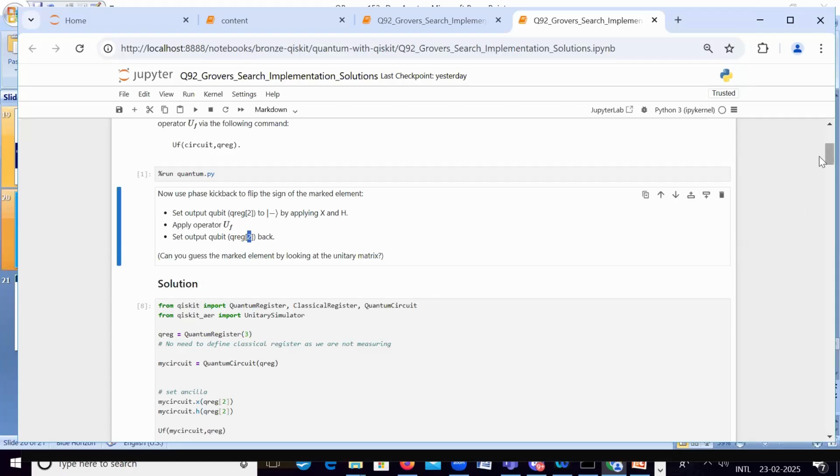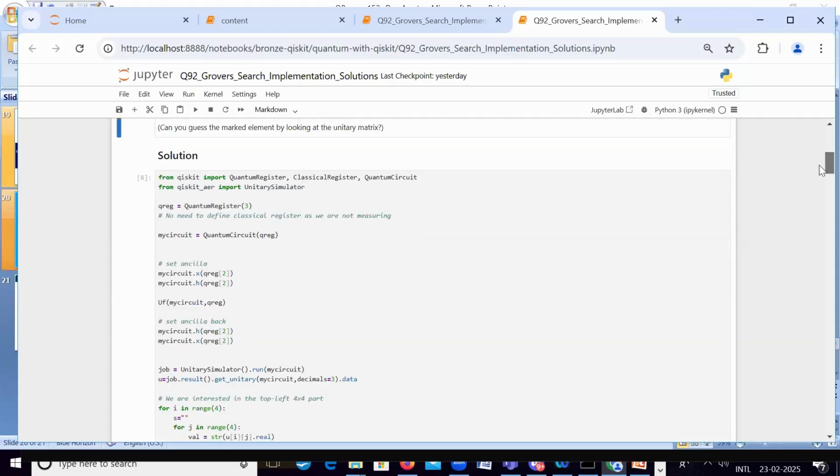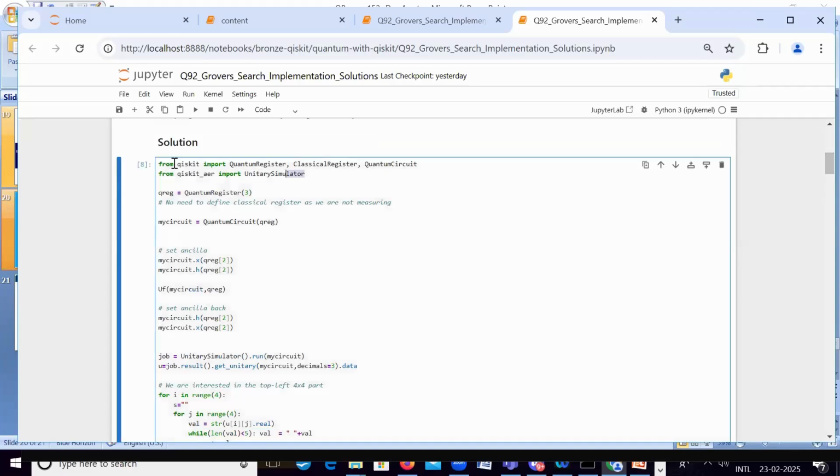So here is the code representation using Qiskit. The first part is the same. Then a 3-qubit system is defined here, with a quantum register. There's no classical register here, and my circuit is created with this quantum register.